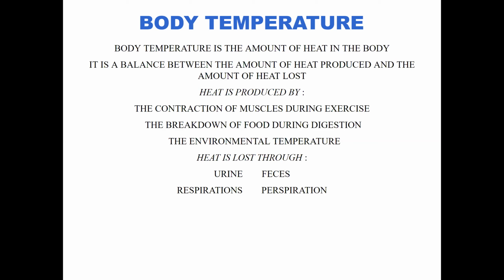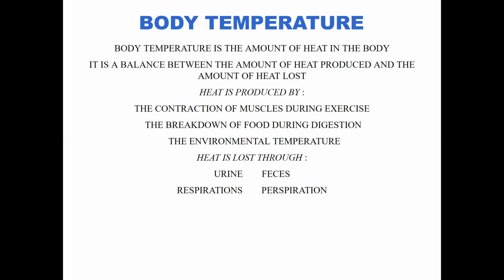Heat is produced by the contraction of muscles during exercise. So you produce heat by your muscles moving. Okay, the breakdown of food during digestion. This also produces heat throughout the body. The environmental temperature, the temperature that you're experiencing, whether it's inside a building or outside. Okay, if we're outside, then we're subject to whatever's going on outside. If it's hot and dry, our body core temp's going to go up.